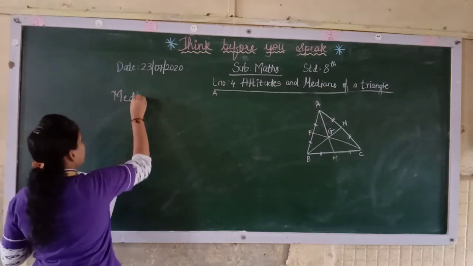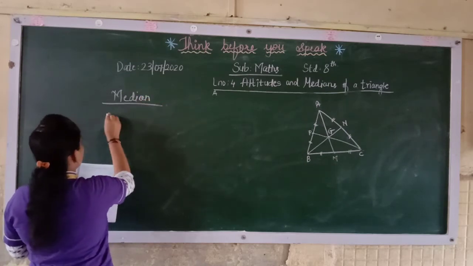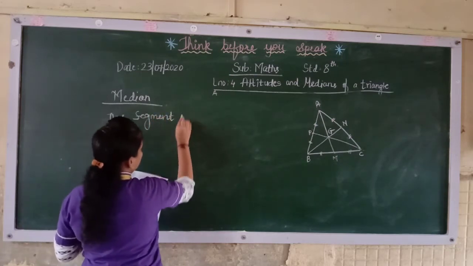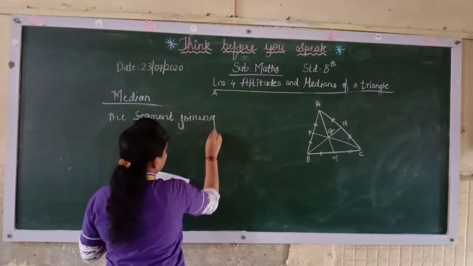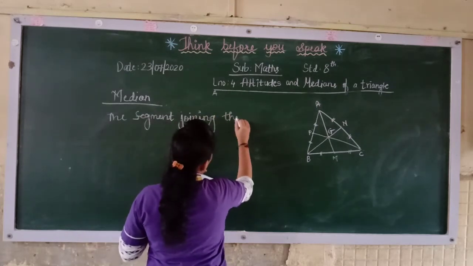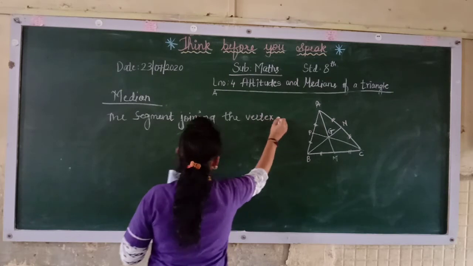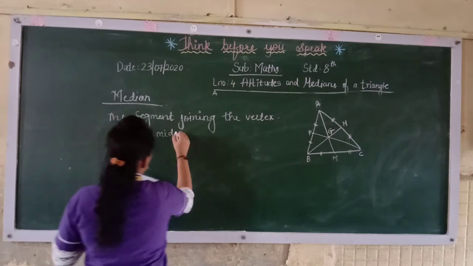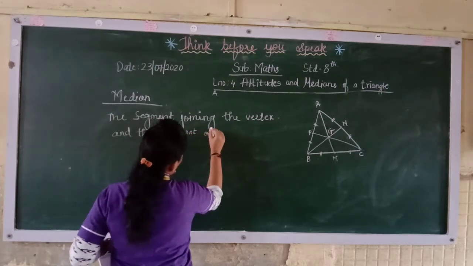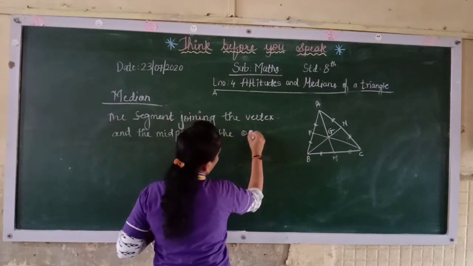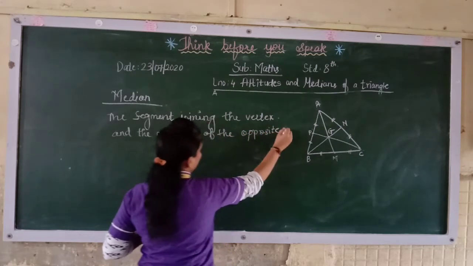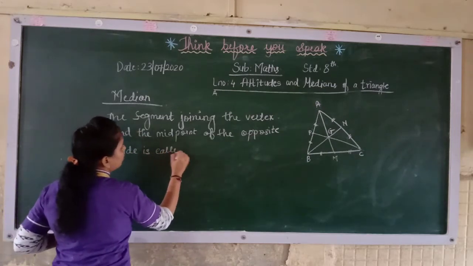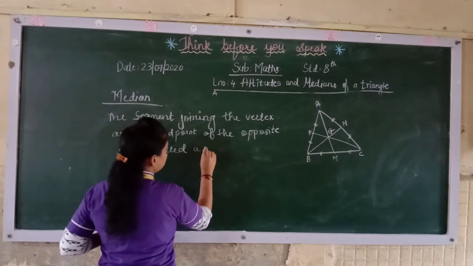So remember this, for median, the segment joining the vertex and the midpoint of the opposite side is called a median.